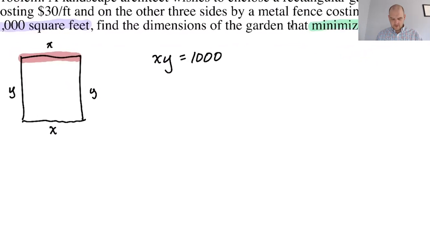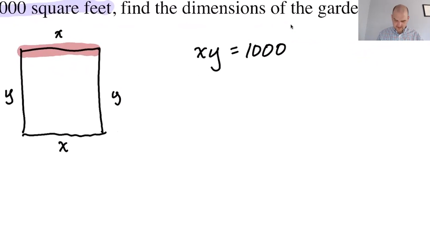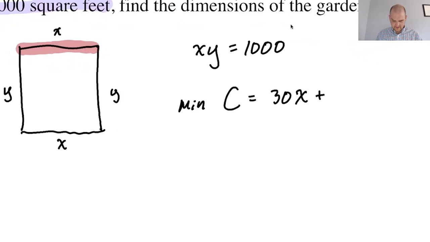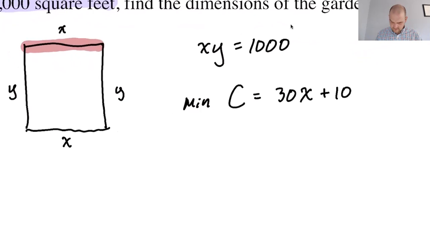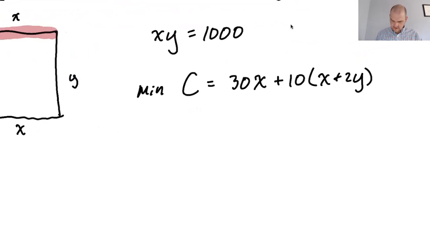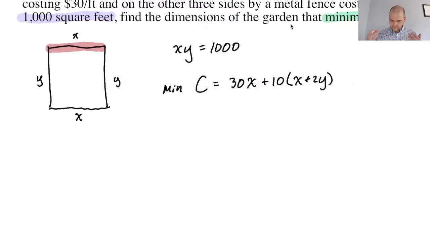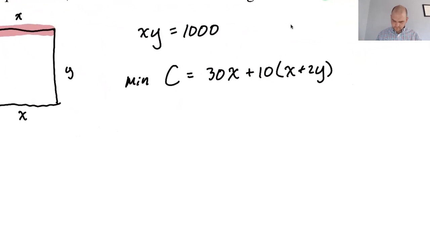So let's call the cost C, which is $30 for the brick, so 30x, plus $10 for the others. There's an X and 2Y that cost 10. So we're trying to minimize that. If we expand this, we get C equal to 40x plus 20y.